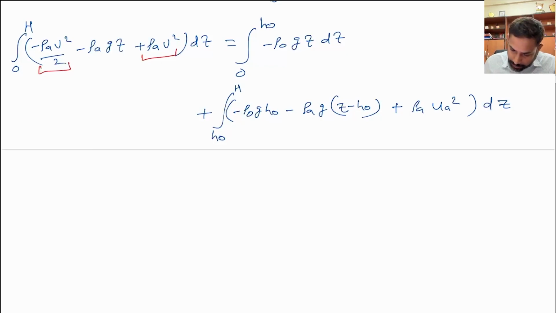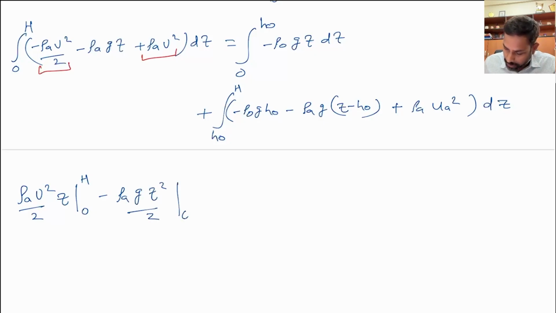So this actually becomes rho a U square by 2 Z from 0 to h minus rho a g Z square by 2 from 0 to h, where remember these two things together are giving this term, and that is why we just have one term here, not two terms.